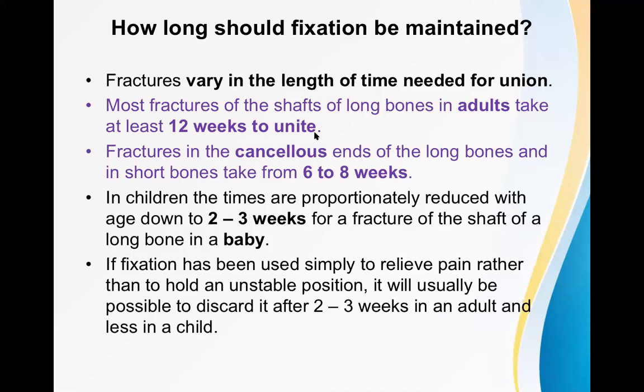So this is a general time. And fractures in the cancellous end of the long bone and in short bones take from 6 to 8 weeks, almost half of that time required.